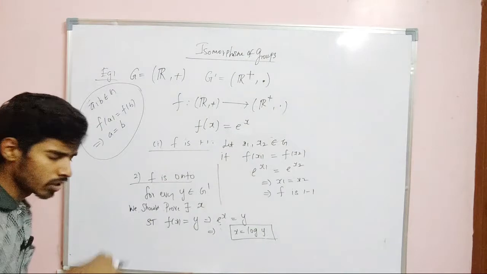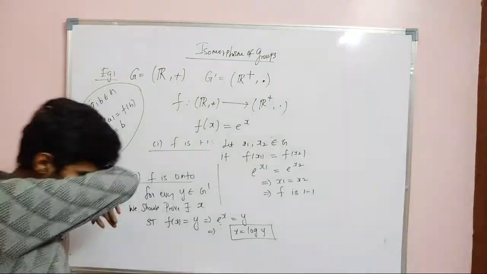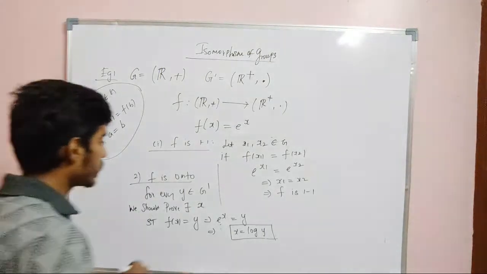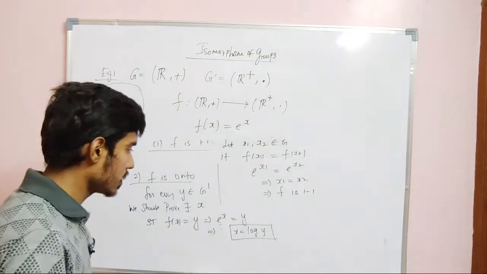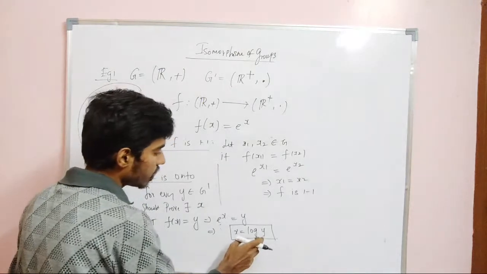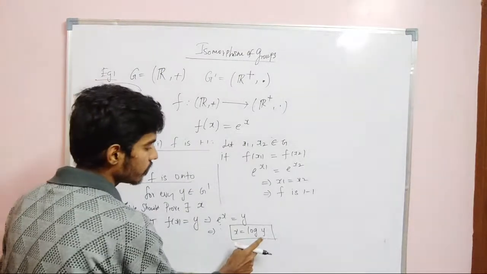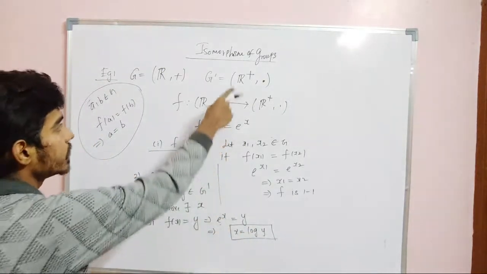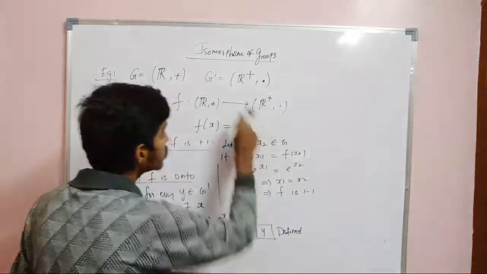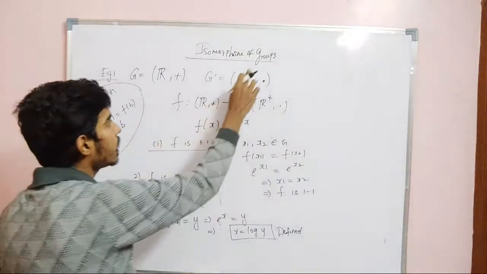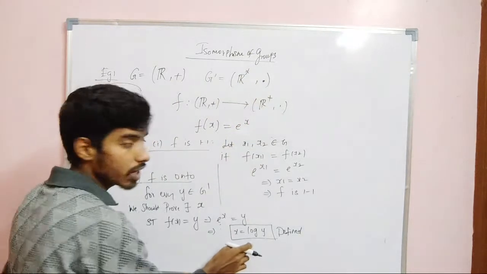Log is defined only for positive numbers, and y is in the codomain, which is R+, so this is defined. Suppose you say it is not R+ but R star, the set of all real numbers, then this map will not be onto.